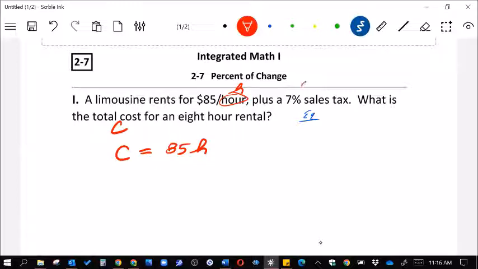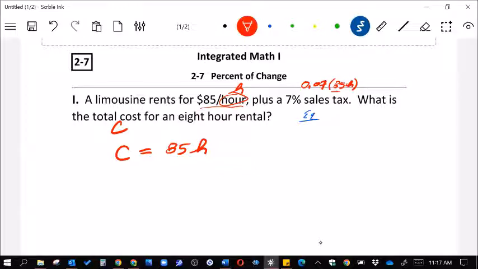At 7%, first it's 0.07, although I like to always put a leading 0 so we know that that's a decimal there. 0.07 is the amount, and the sales tax is that percentage times the total amount of money that someone's having to pay, which in this case is the $85 per hour.